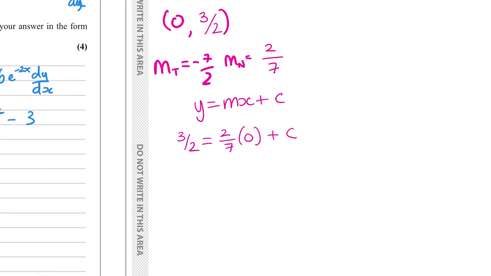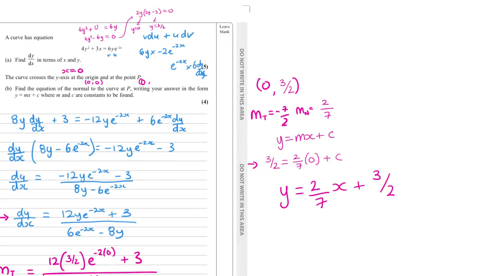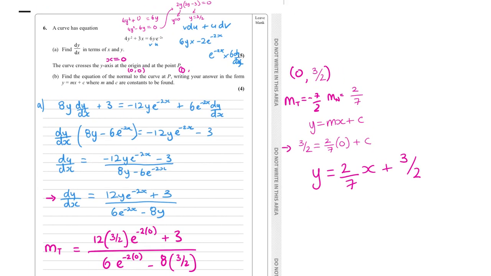So we already know the equation is y equals 2 over 7 x, and we know our c is 3 over 2. I mean, of course, if you want to double check, that's fine. However, we have now found the equation of the normal. Nice and easy, 9 marks if you ask me.